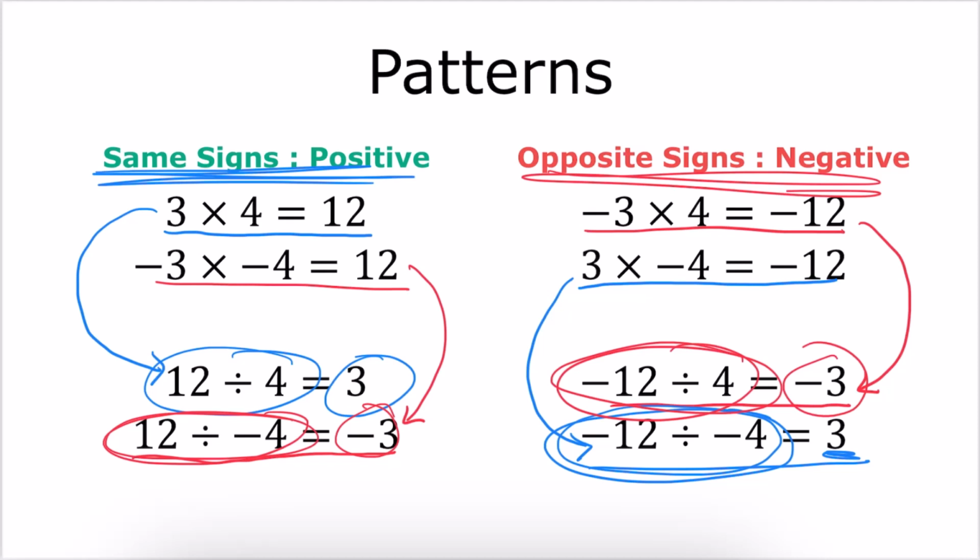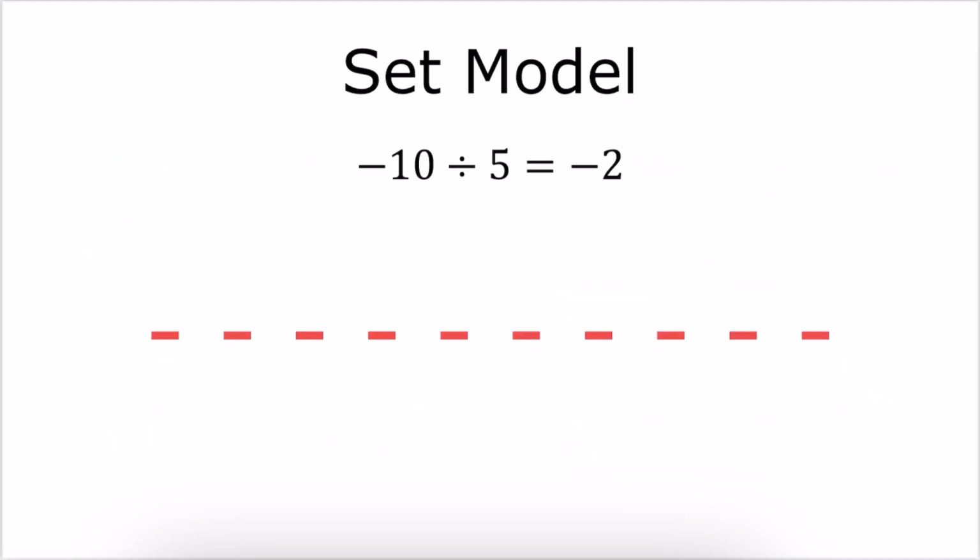However, you can still use some set models to represent division. Specifically, if you're dividing by positive numbers, that's usually pretty easy to model. Because if you were to take negative 10 and divide it into 5 groups, well, 10 negatives split up into 5 groups gives you 2 negatives in each group. And so this shows that negative 10 divided by 5 equals negative 2.